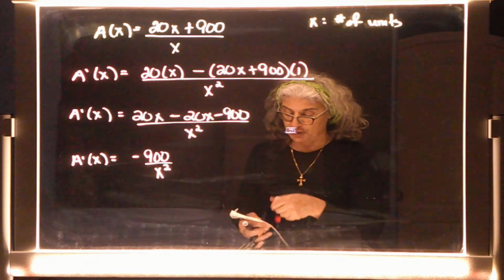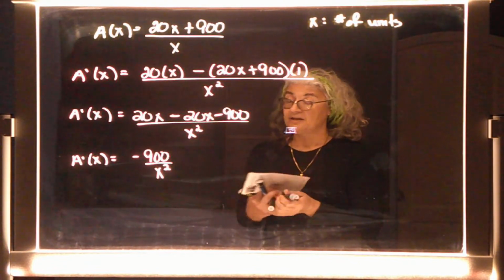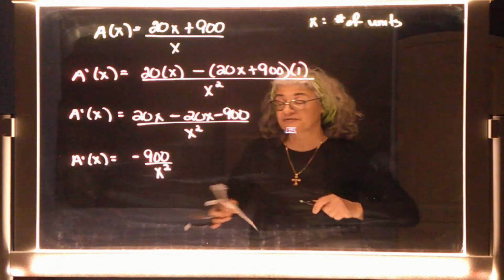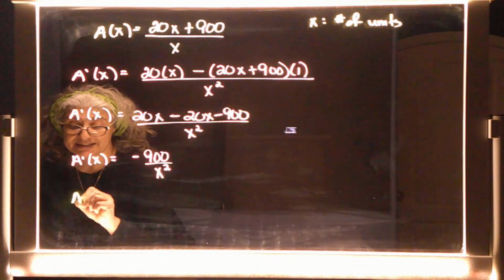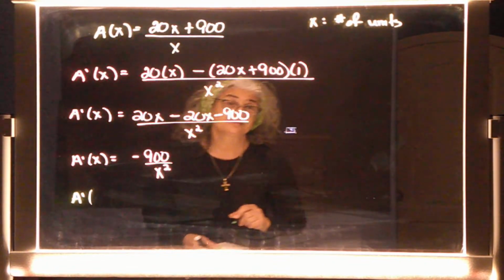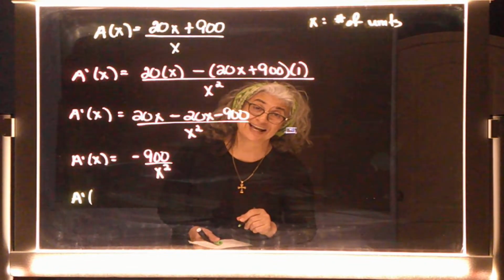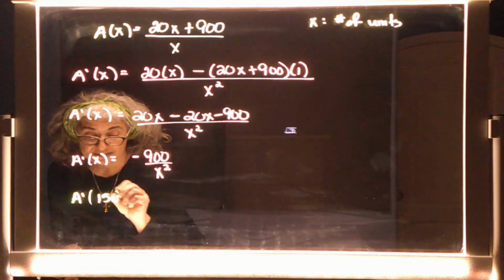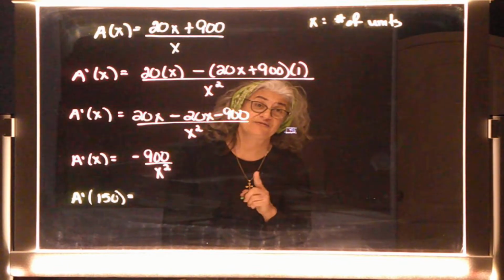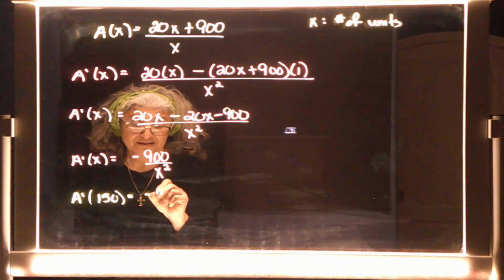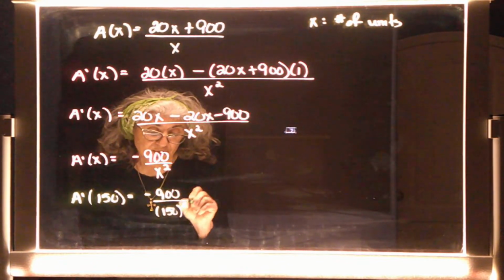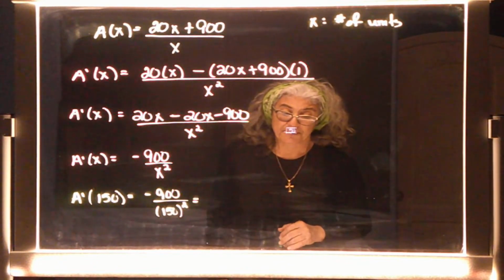Okay, so to find the average change as it goes from 150 units to 151 units, I need to find the average change at the original number of units, the 150 units. I need to find that. So we have negative 900 over 150 squared.